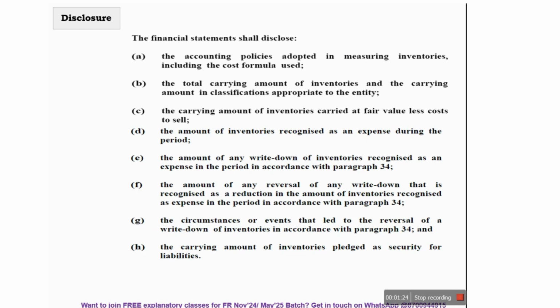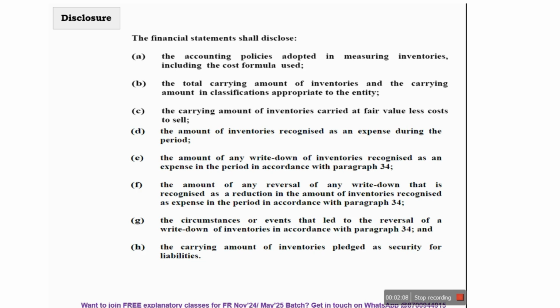We need to disclose the accounting policies that we have adopted, the total carrying amount of the inventory and carrying amount in classification appropriate to the entity, carrying amount of inventories carried at fair value less cost to sell, amount of inventories recognized as an expense during the period, the amount of any write down of inventory recognized, the amount of any reversal of any write down that is recognized as a reduction in amount of inventories, circumstances and events that lead to reversal of write down of inventories, and the carrying amount of inventories placed as security for liabilities.